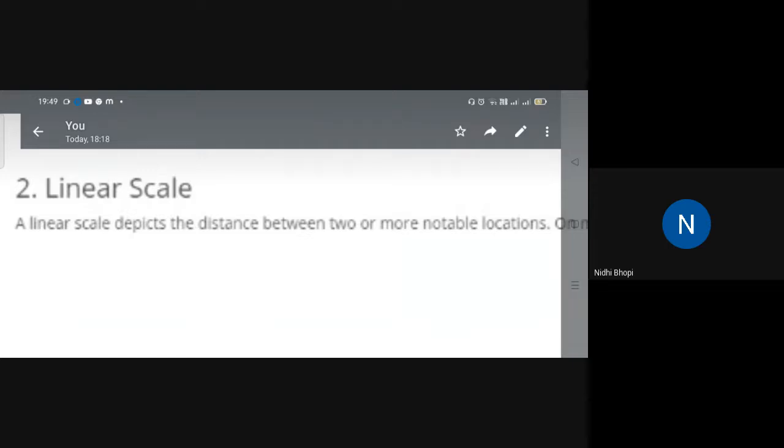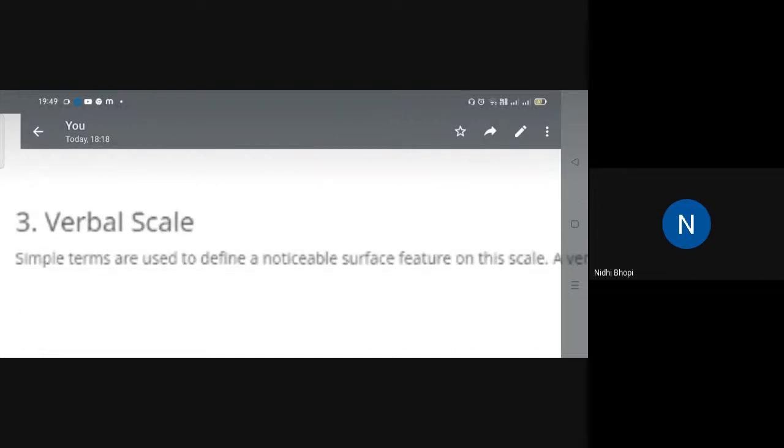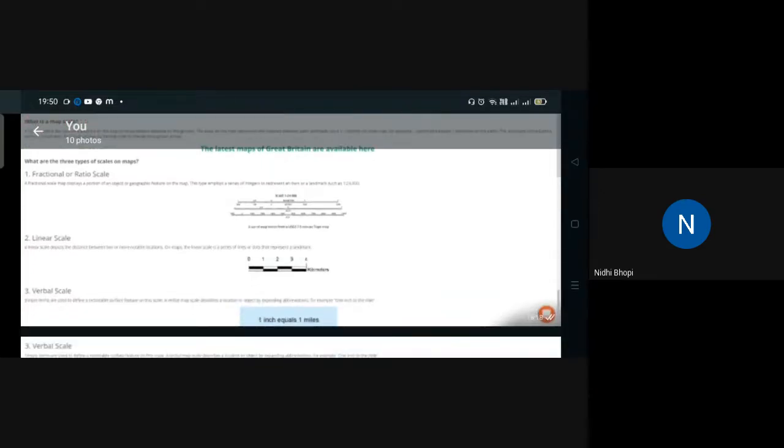The teacher tells you to draw the scale and you measure the distance, 1 to 5 centimeter, and draw it. That is called a linear scale. That is a line. And third is the verbal scale. Verbal is when we use words, like 1 centimeter is equal to 24,000 kilometer. So in this way, we write the scale on the map.